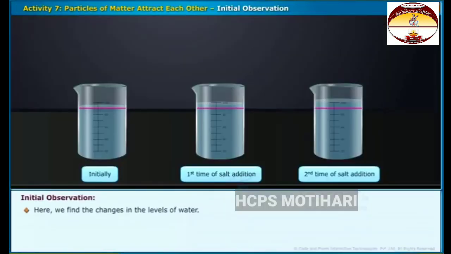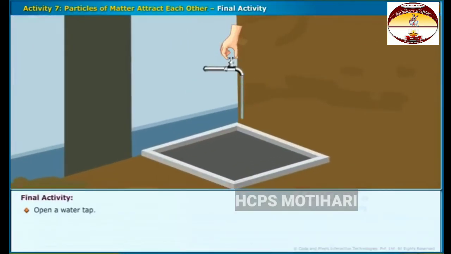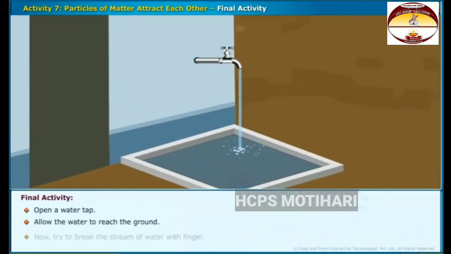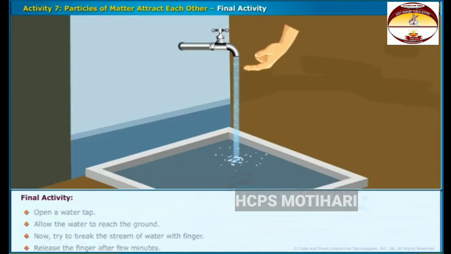Here, we find the changes in the levels of water. Open a water tap. Allow the water to reach the ground. Now try to break the stream of water with a finger. Release the finger after a few minutes.